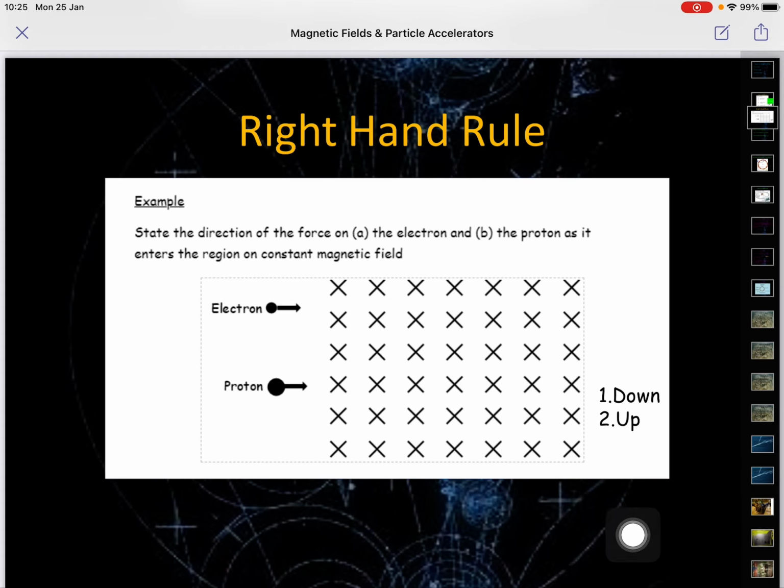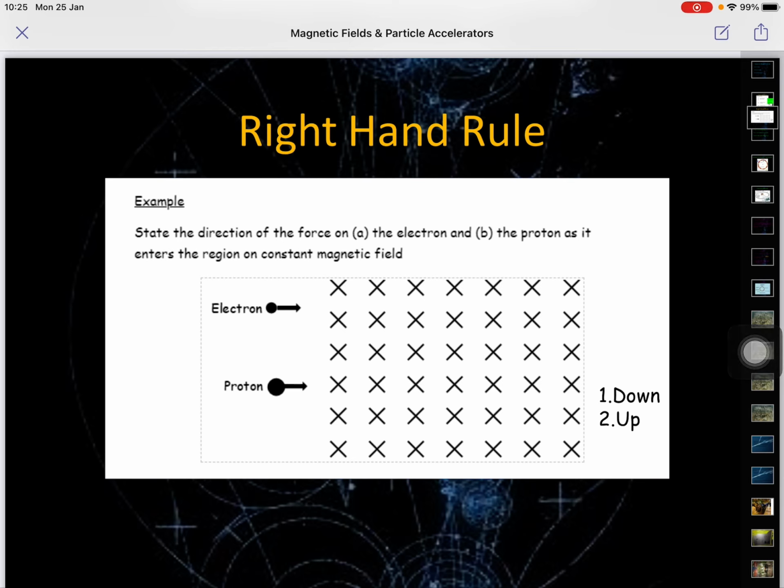Now, this is a standard question on using the right hand rule. There are two questions here. Basically, we want to figure out what direction of force the electron is going to experience as it goes into this field. How we do this is you use your right hand rule.